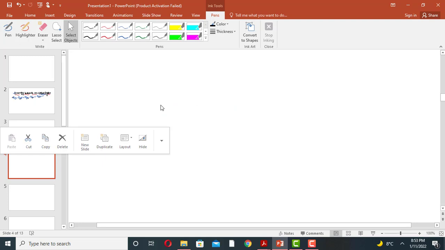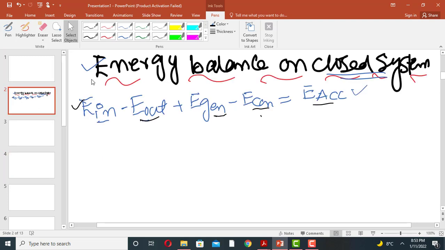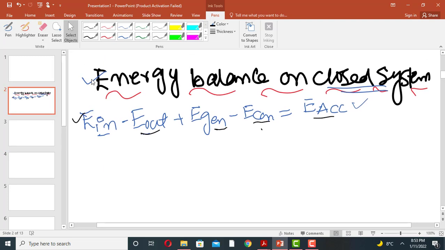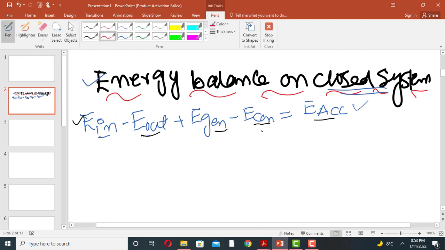Now let us consider a closed system, like a piston cylinder assembly. This is a closed system. There is some mass present, or some moles or some mass of the same molecule. So it can be oxygen or carbon dioxide or some other gas.